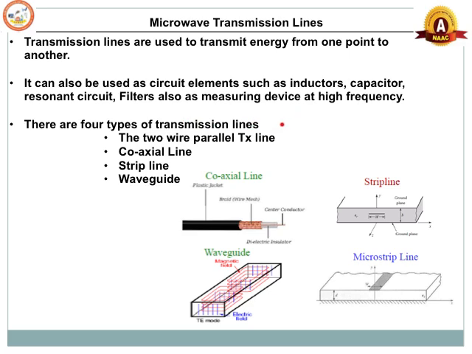Basically, there are four types of transmission lines: the two-wire parallel transmission line, the coaxial line, the waveguide, and the strip line, and in the strip line we can again have a microstrip line as well.